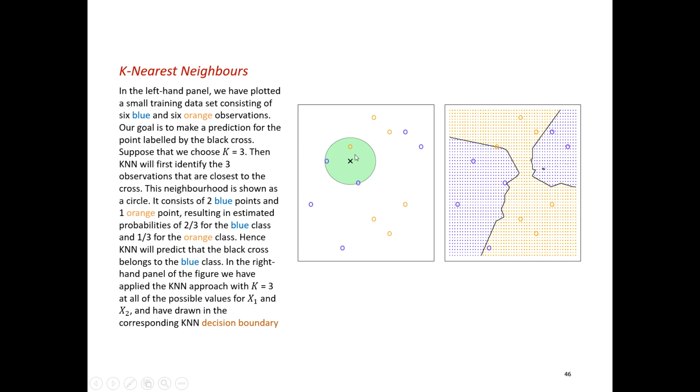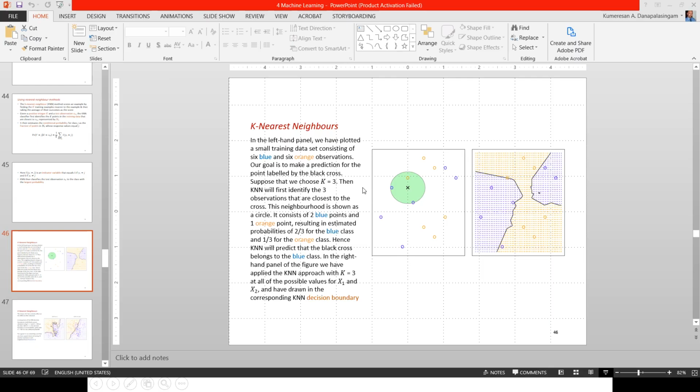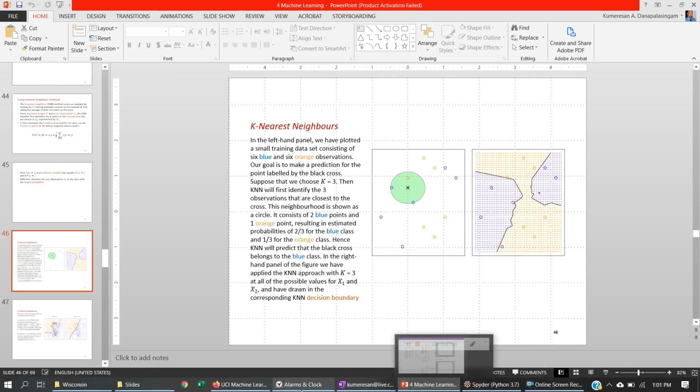So if this is our new data, you look at 3 nearest neighbor. If we choose k to be 3, and we get the probability or the proportion of the classes. So in this case, we have 2/3 for blue class, and the probability that this data belongs to the orange class is 1/3. Because 1/3 is less than 2/3, we say that the new data belongs to the blue class. Right, so that is a simple recall.